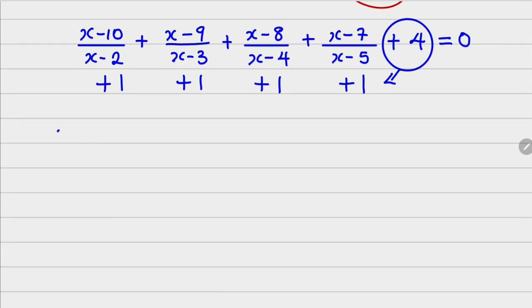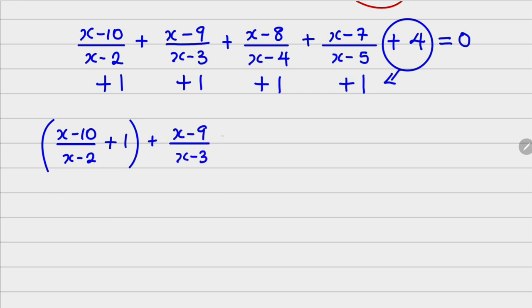I'm going to have x minus 10 all over x minus 2, then plus 1. This will be the first, okay? Then when I move to the second, this is going to be plus x minus 9 all over x minus 3, then I have plus 1. It is a method that I thought of because I noticed that there is a pattern.